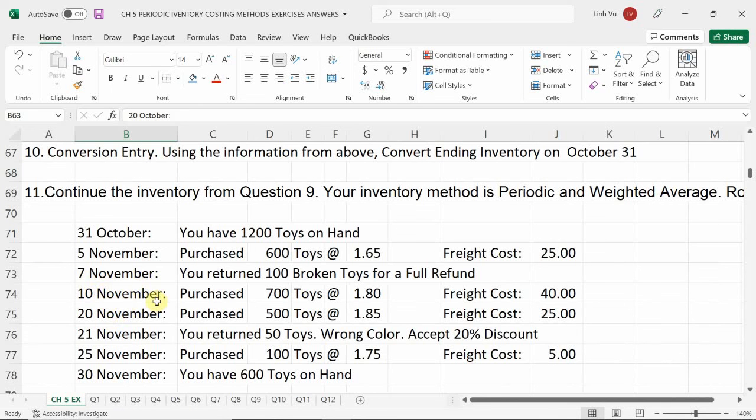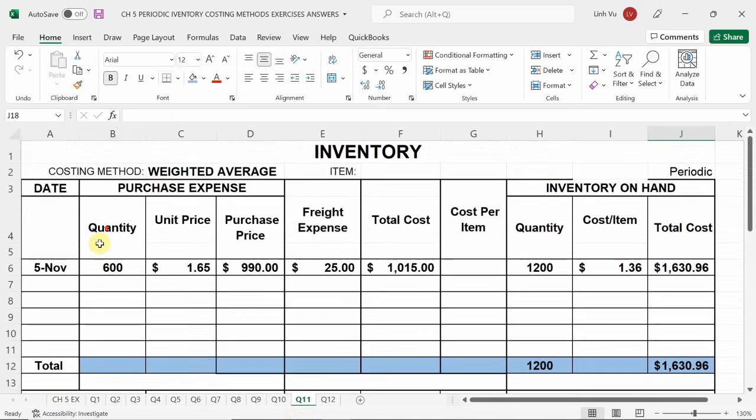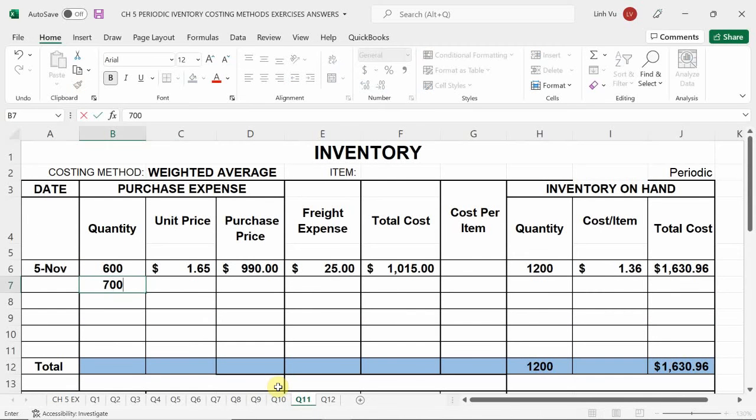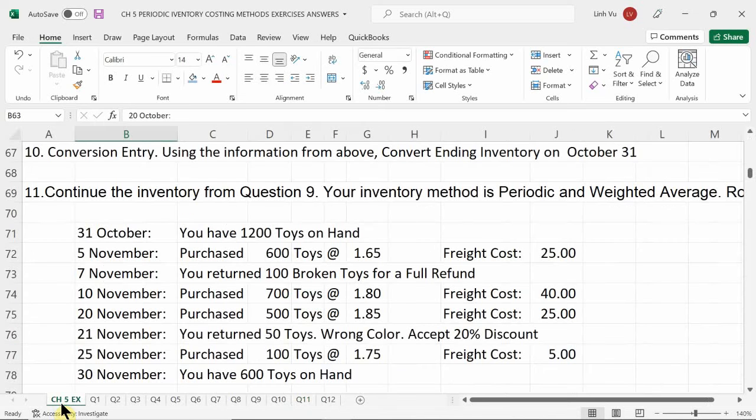So then, November 10, I end up purchasing an additional 700 toys at $1.80 with a freight of $40. Okay. 700, $1.80, and $40. We purchased this on November 10.